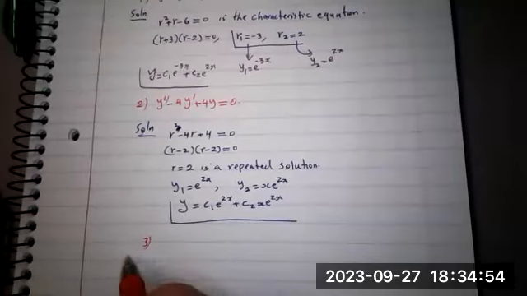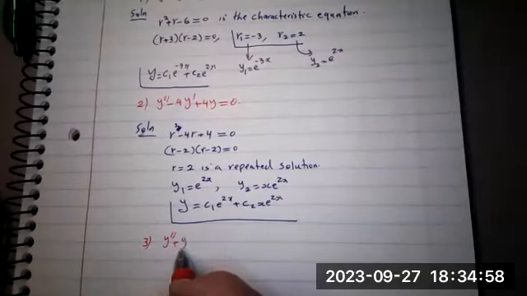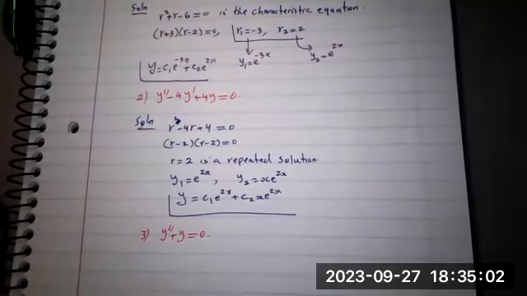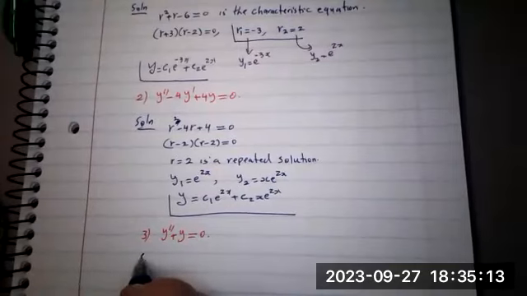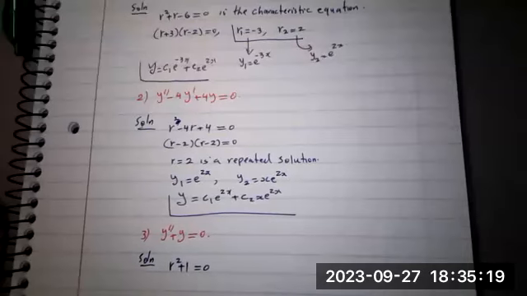Case 3. You have y double prime plus y equal to 0. Let's check this one. What is the characteristic equation for this one? r squared plus 1 equal to 0.